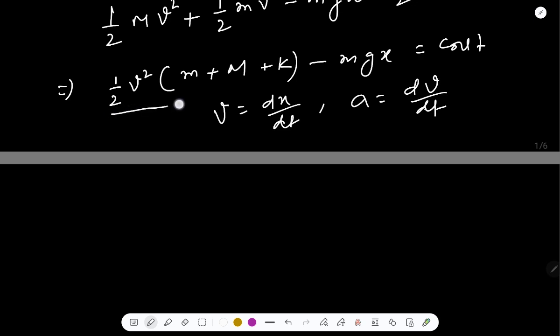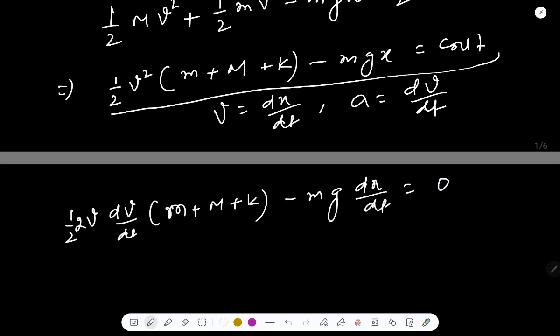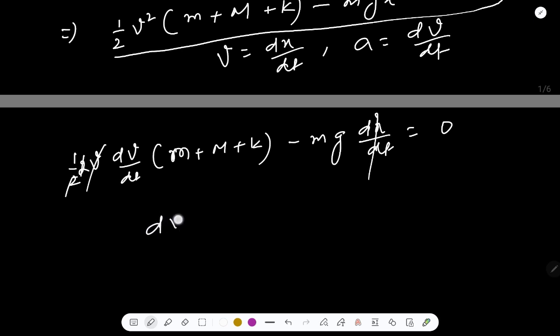We can write half 2v dv by dt, and this thing is going to remain constant, minus m g, x is dx by dt, and the constant is differentiated to 0. Half gets cancelled out, and this v also gets cancelled out because v is equal to dx by dt, and we have the result, dv by dt equals m g divided by m plus k.